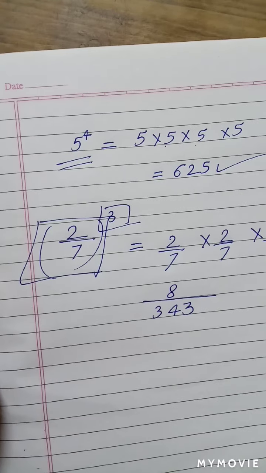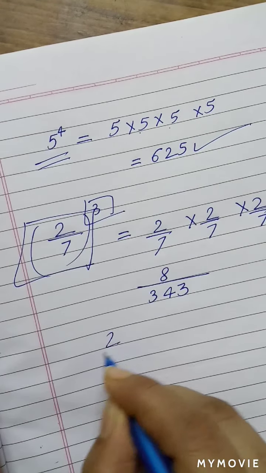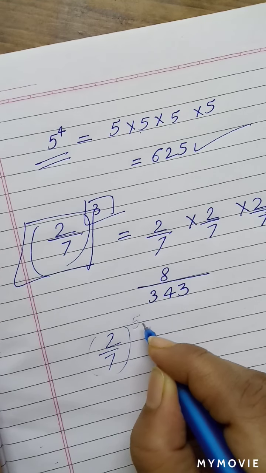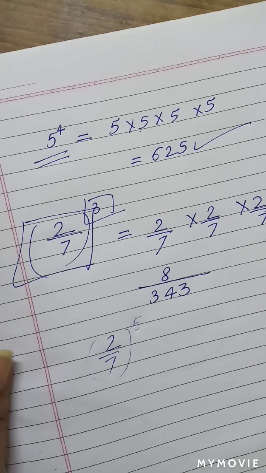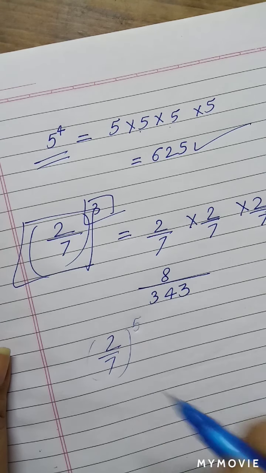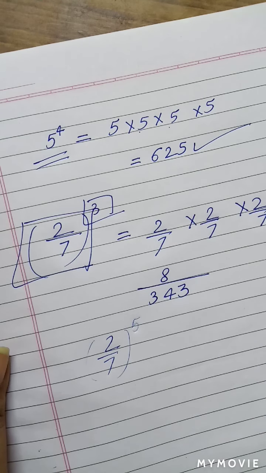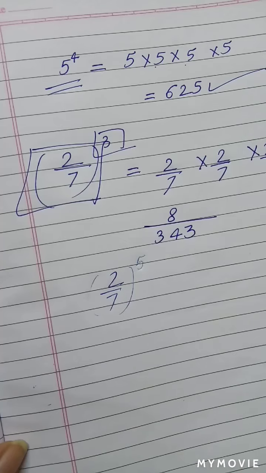Now just remember one thing, very important. Whenever we write 2 by 7 raised to the power 5, this exponent to the power 5 is shared by the numerator and by the denominator. If this power only applies to the numerator or to the denominator, then this bracket would not have been there.